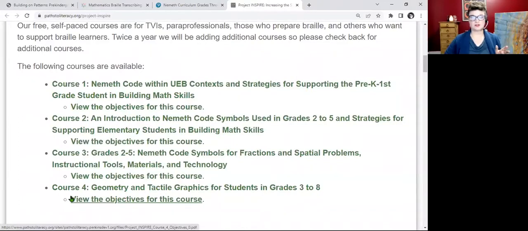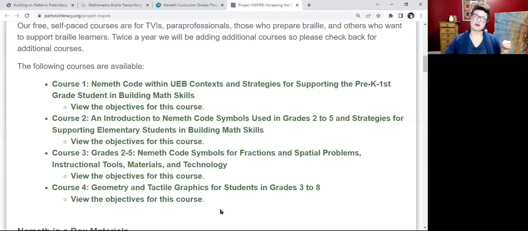And each of these courses includes a series of videos. Each video includes a pause for some exercises that you can do at home, and then an explanation of the answers for that. Project Inspire is remarkable in that its material is quite recent, and there's a lot of material from Project Inspire for Braille studying students.